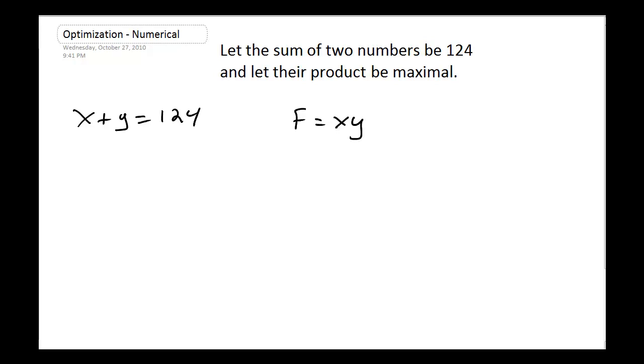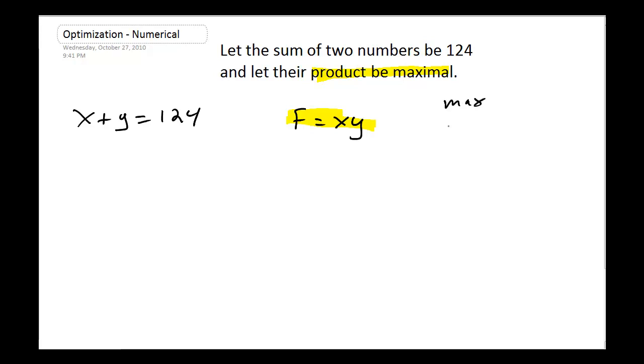The part that it said to be maximal, this is the part that I designate by capital letter F. I'm just giving it a function name because anytime I say maximal, I know that means that I want to find the first derivative of something and find critical numbers.